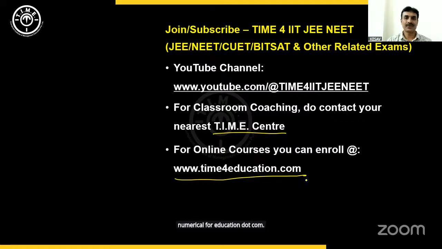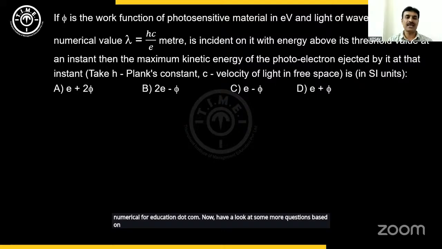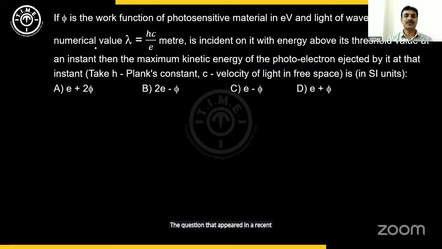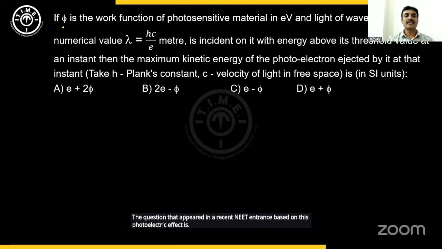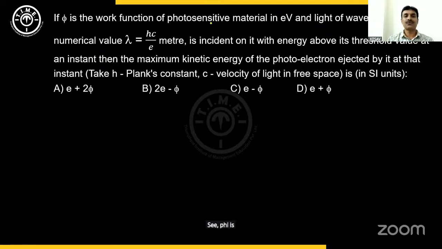Now, have a look at some more questions based on this photoelectric effect. A question that appeared in a recent NEET entrance based on this photoelectric effect is, see, phi is the work function of a photosensitive material in electron volt, and light of wavelength of numerical value lambda is hc by E in meter is incident on it with energy above its threshold value.